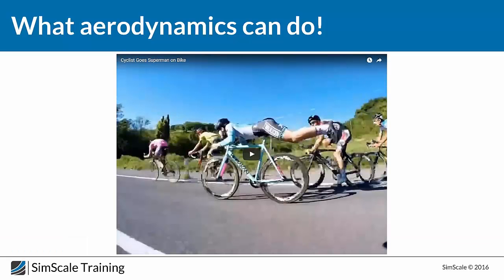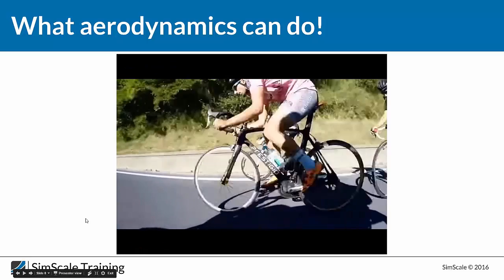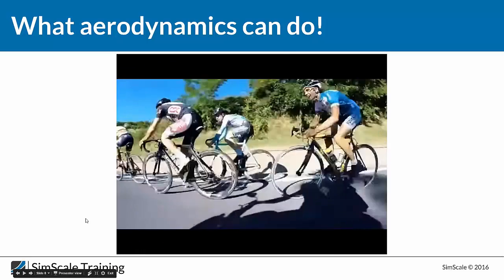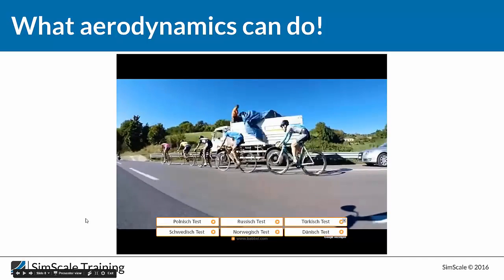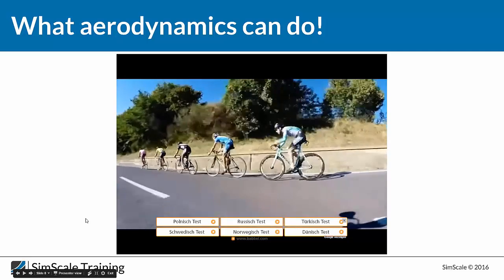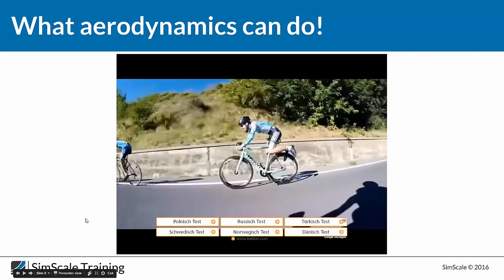To start, I have this great video as motivation for you to show you the effect of aerodynamics on bikes and what aerodynamics can do. Let's play this video and I'm going to comment on it. Here we can see this rider who is riding his bike and everybody can overtake him. He's really slow compared to the others and he's trying to reach them. For the moment they went far away from him, but now he activated the aerodynamic effect.